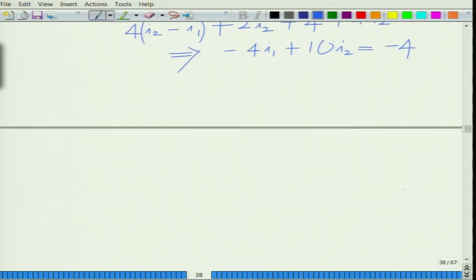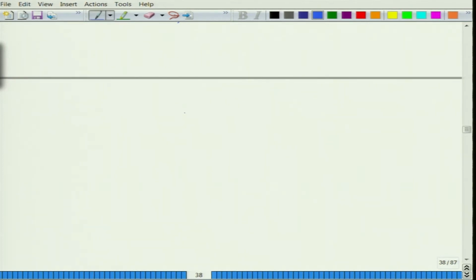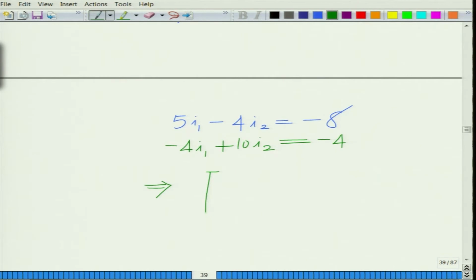So, put these equations together now: 5 I 1 minus 4 I 2 equals minus 8, and then you have minus 4 I 1 plus 10 I 2 equals minus 4. You put these things as a matrix, you will have the system of linear equations.